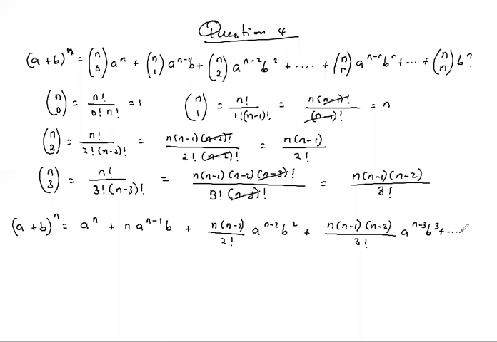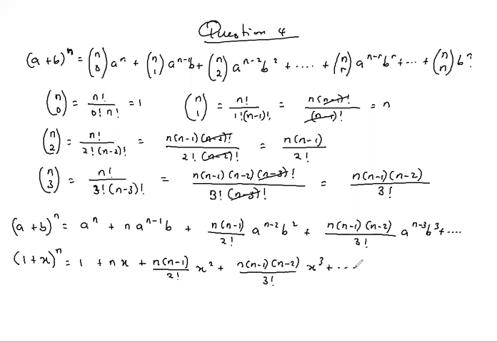So that if where there is a, we have 1, and where there is b, we have x, and we substitute on the right, then it will just be 1 plus nx plus n(n minus 1) over 2 factorial x squared plus n(n minus 1)(n minus 2) over 3 factorial x^3, and you keep going like that.